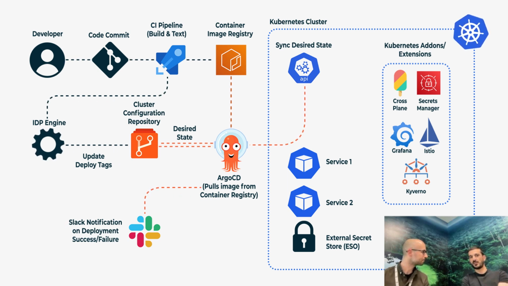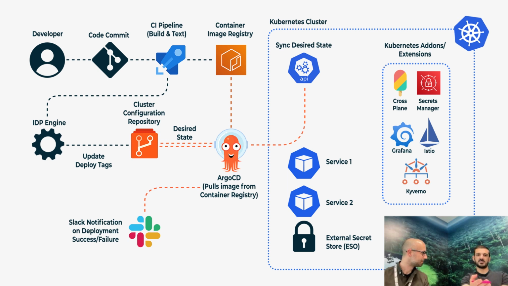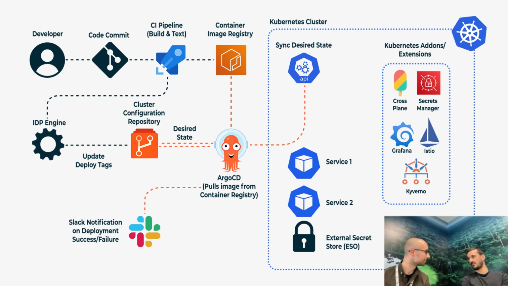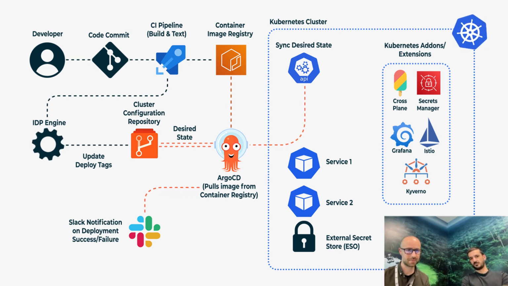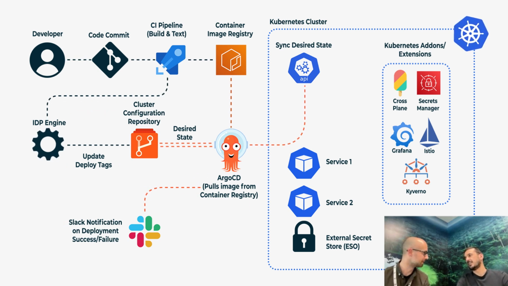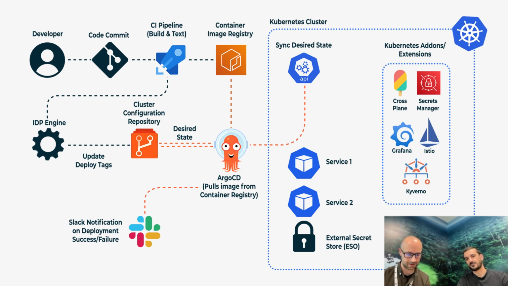If you want to use Flux CD, you could use it, and a lot of the work could be handled by the IDP engine. It just depends on your requirement. Just like the add-ons, you can opt out of one tool and use another tool. So it's fair to say that the solution is highly customizable. Yeah, exactly. You can customize it based on your needs.